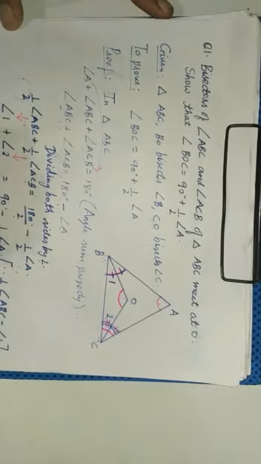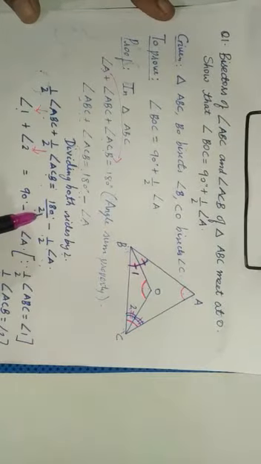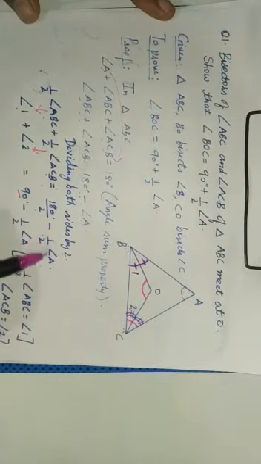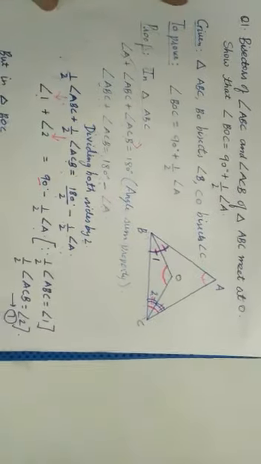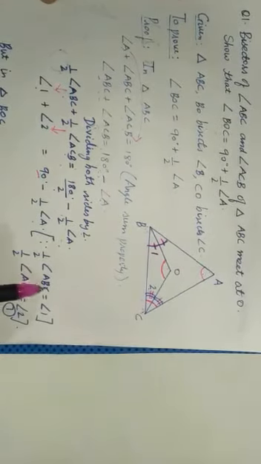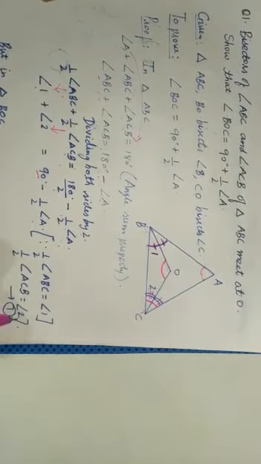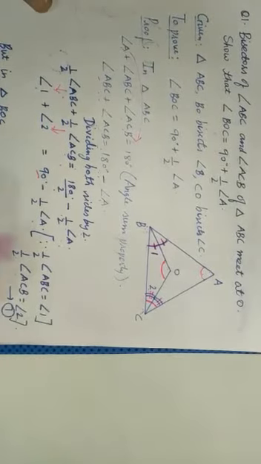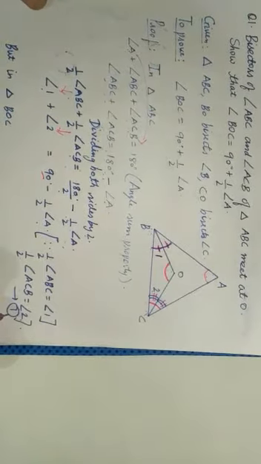So in place of this I have written angle 2. Now 180 divided by 2, I will get 90 minus half of angle A. We need to mention here that half of ABC equals angle 1 and half of ACB equals angle 2. So this we have done and this is our equation 1.